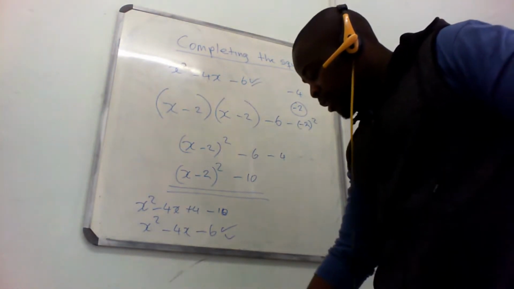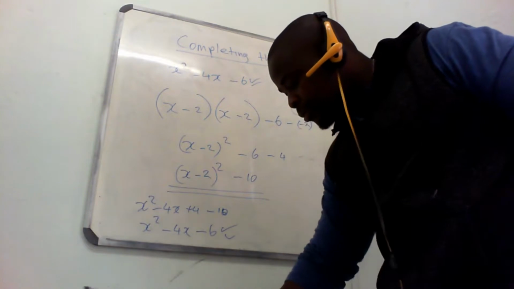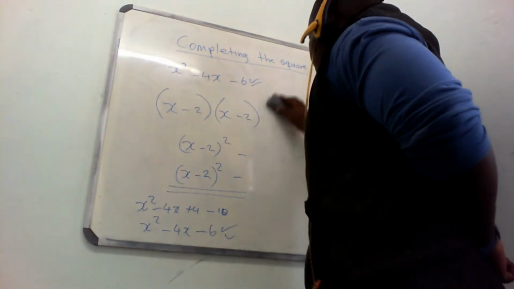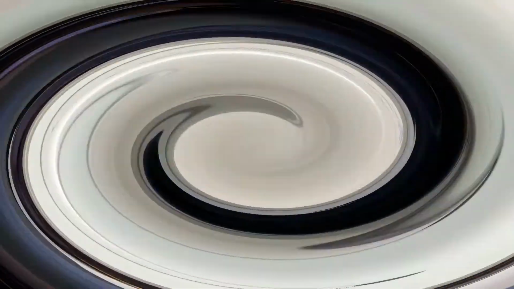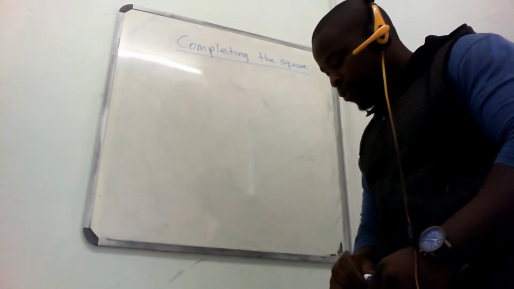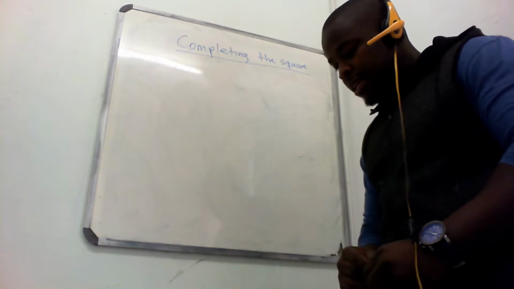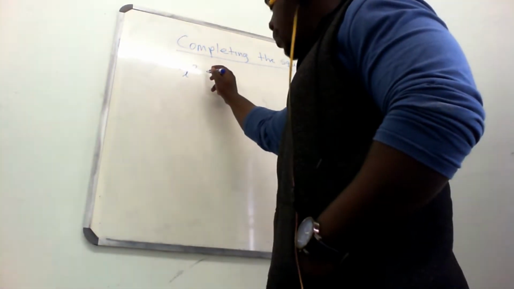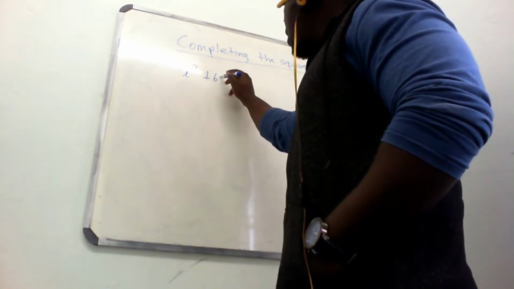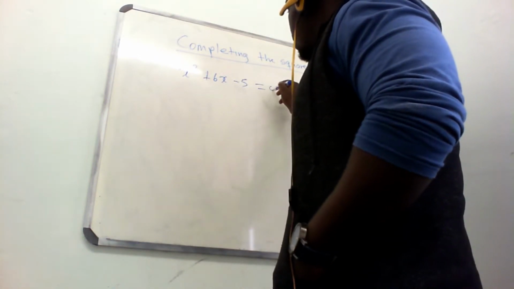Okay, let's use another example to see if you can actually solve a quadratic equation using the completing the square method. So let's take for instance x squared plus 6x minus 5 is equal to 0.